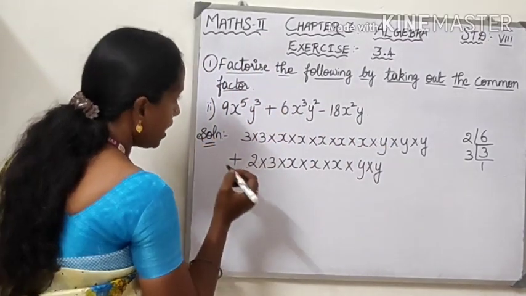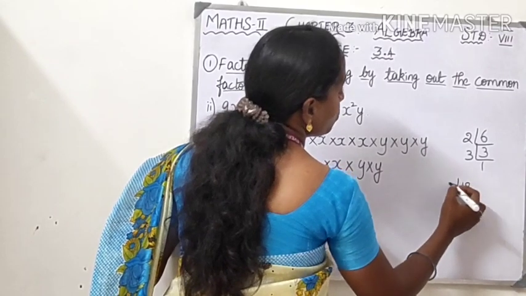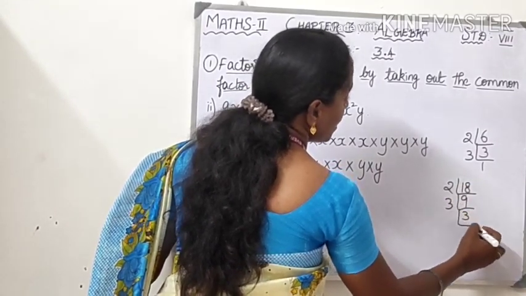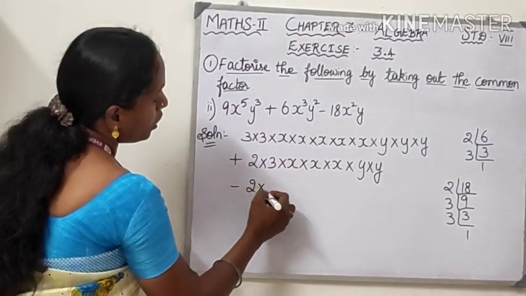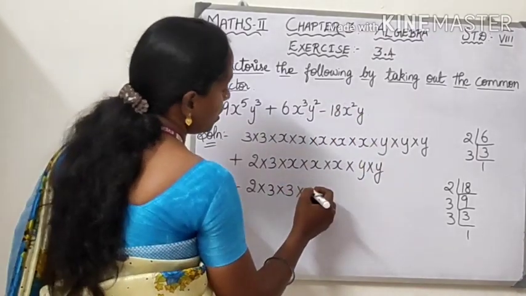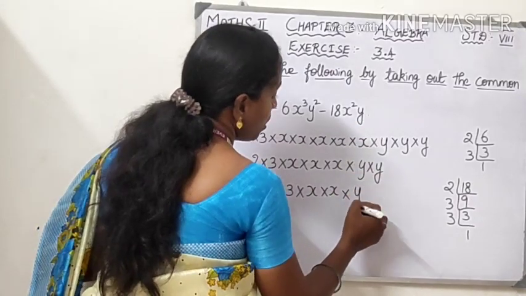So what is our third term? It is minus. Factor should be found out for the 18. So 2 9s are 18, then 3 3s are 9, then 3 1s are 3. So 18 can be written 2 into 3 into 3 into x square can be written x into x into, here we have only y.